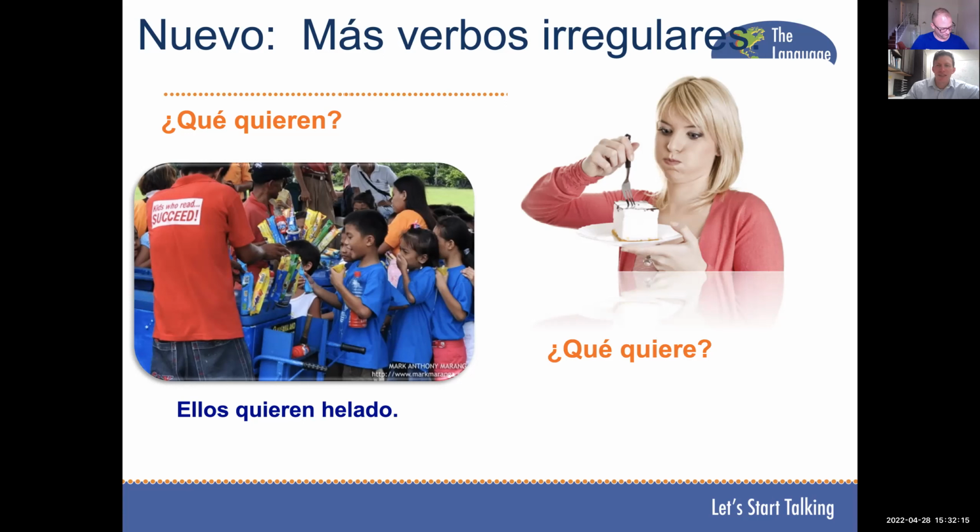No. ¿Cómo se dice cake? The funny thing is you can actually say cake. Really, it's pastel. In Mexico, they just call it cake. In a lot of the neighboring Spanish-speaking countries, you can get away with just saying cake. Muy bien, pero the right way is to say pastel.